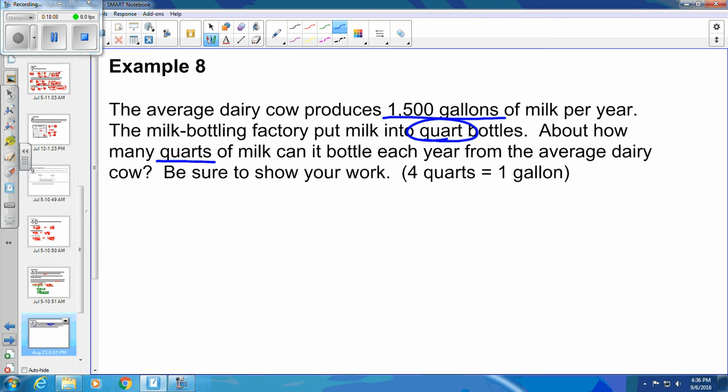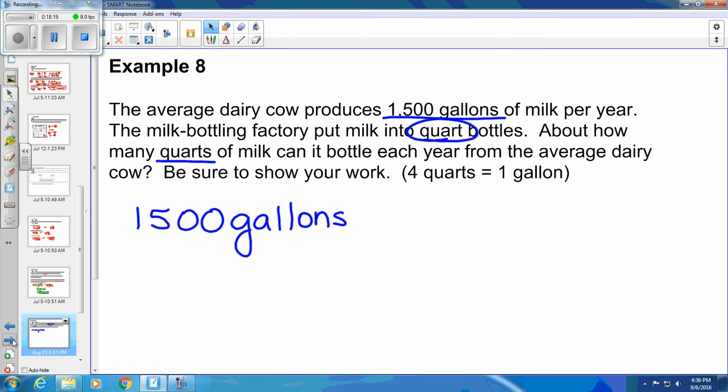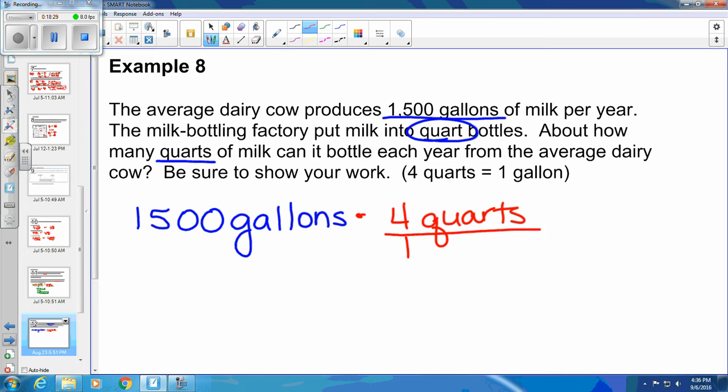So we're starting with 1,500 gallons. We said the new has to go in the numerator. So we're going to multiply by 4 quarts to 1 gallon. And this is what we like.